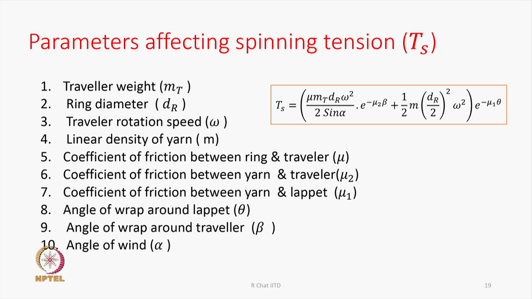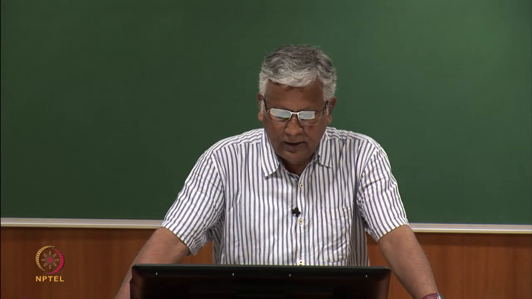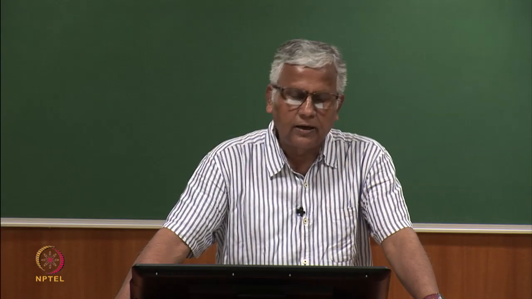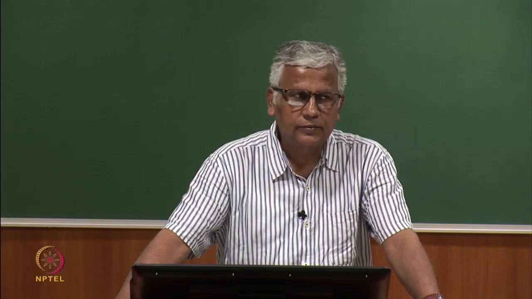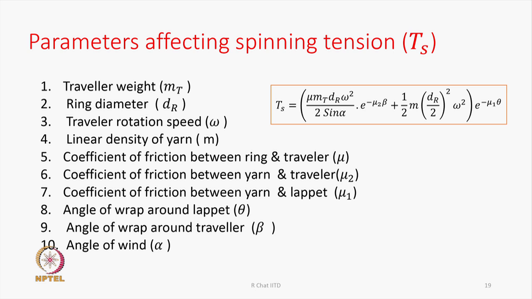Ten different parameters are affecting the spinning tension, and a few of them are continuously changing, they are not fixed. Like angle of wrap theta is not constant, it is continually changing. Angle of wrap around the traveler beta is also changing, and angle of wind alpha is also continually changing.